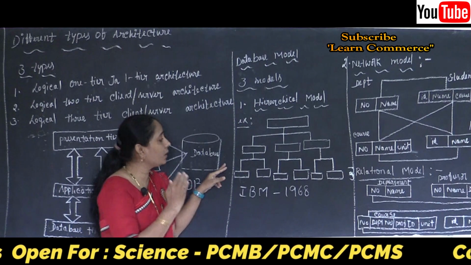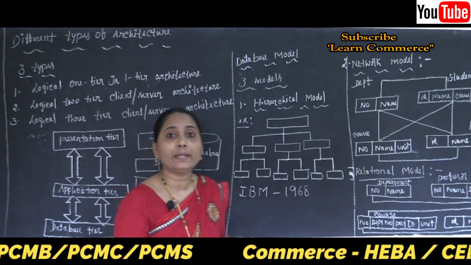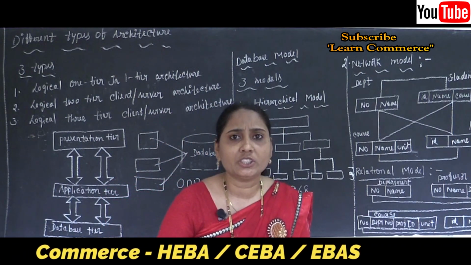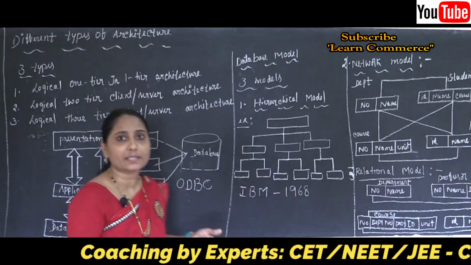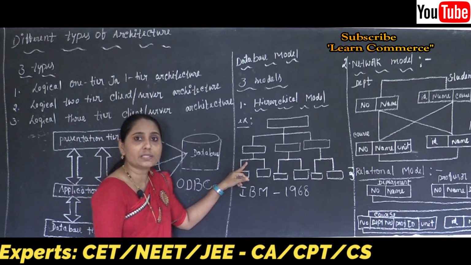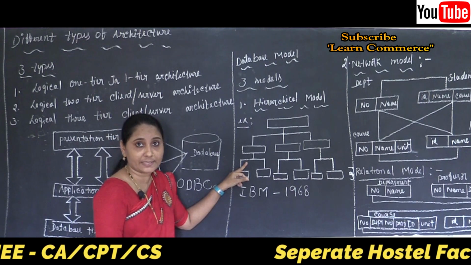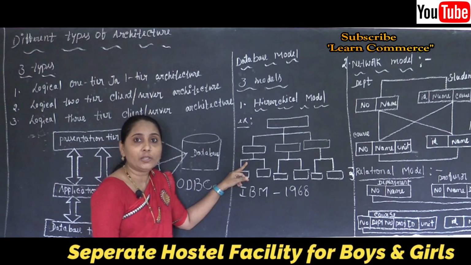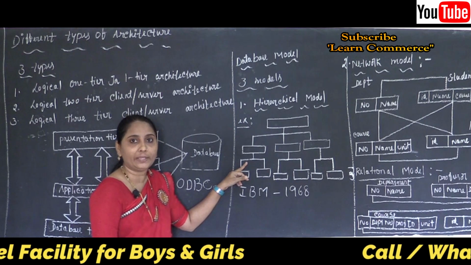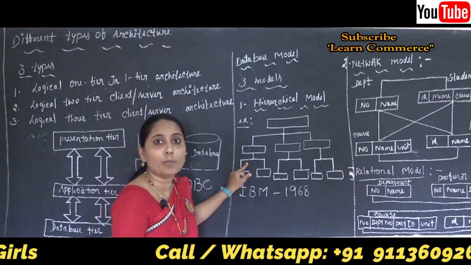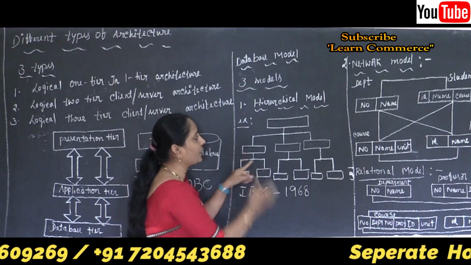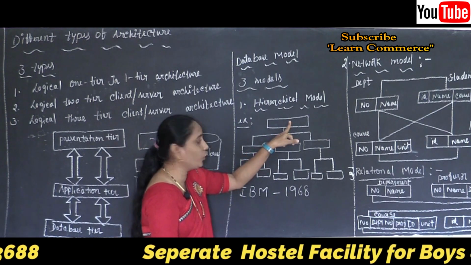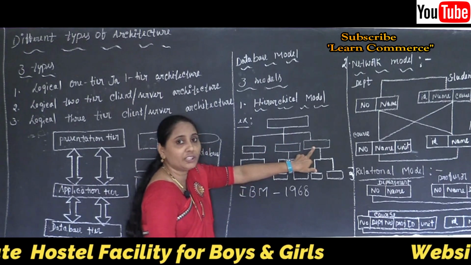The child nodes are also called the dependents, because the child is always dependent on the parent. The child node can have only one parent node in our hierarchical model. When you look at this diagram, this is the parent node, and 1, 2, 3 are the child nodes.